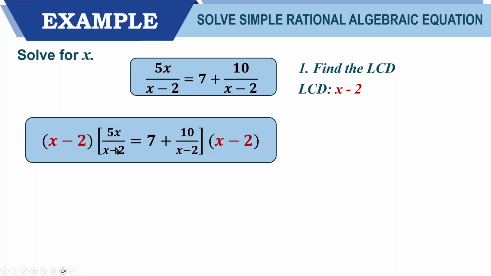So, if the denominator is the same as the LCD, then that's a shortcut. Just copy the numerator. Okay, so x minus 2 divided by 1 times 7 is 7x minus 14. And x minus 2 divided by x minus 2 is 1 times 10 is still 10.